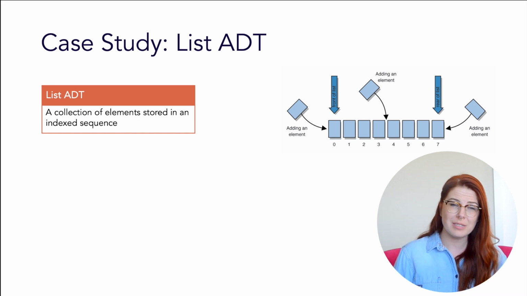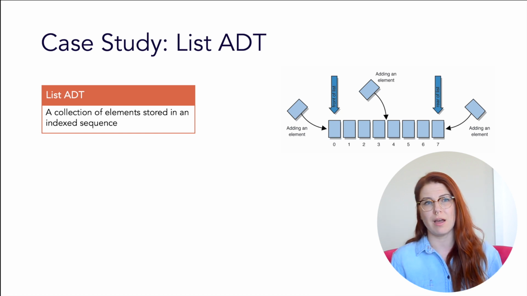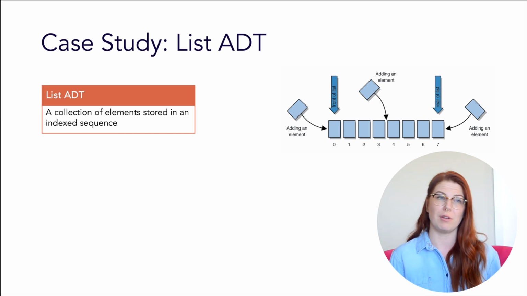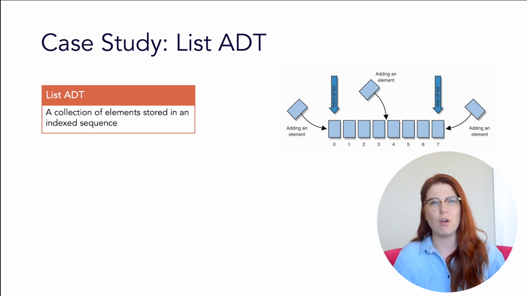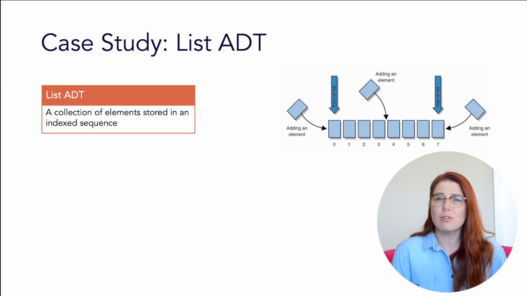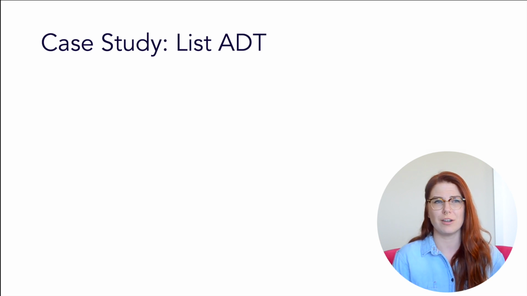The first item is at index 0 and it extends beyond that, but it's pretty flexible. You can add something to the front, you can add it to the back. If you want, you can insert it in the middle and everything to the right of it will shift over to maintain that order. So a list becomes a really useful type of ADT, but there's a lot of ways in code that we can manage this type of functionality.